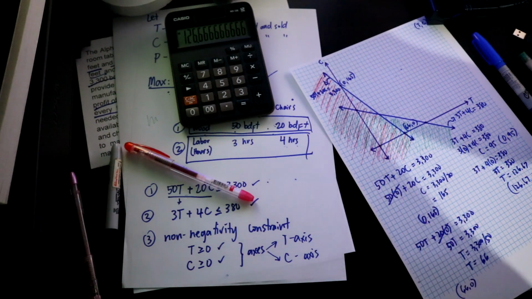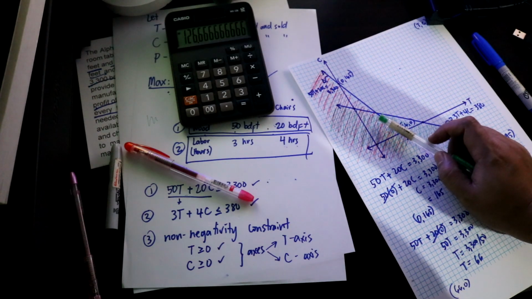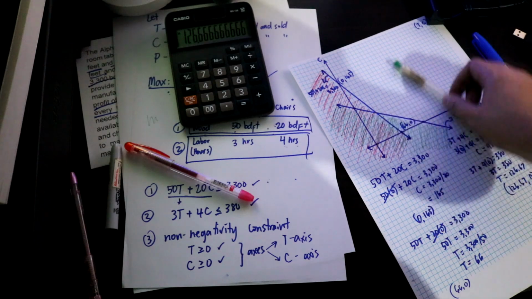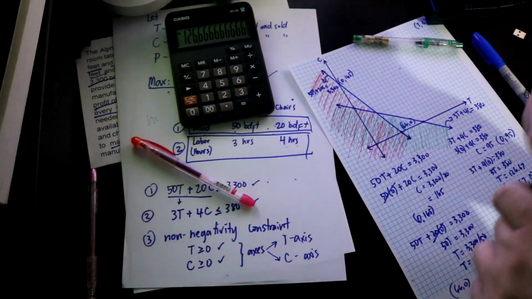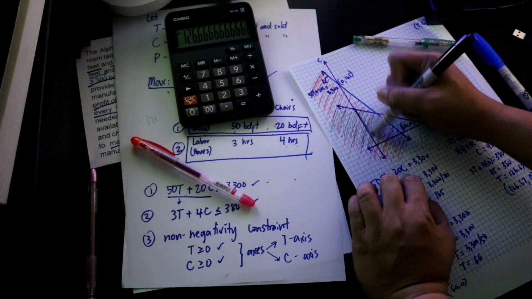So what is the region that satisfies all of the constraints? It's this region here.